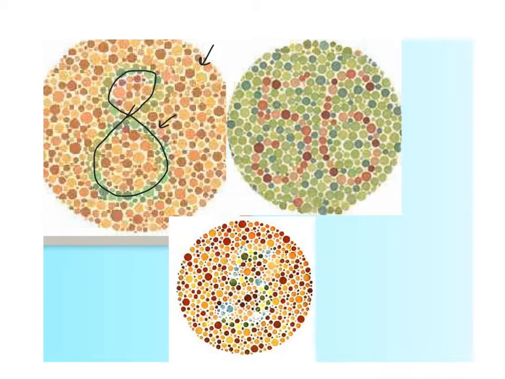Same with this one over here. They would not see the number 56. It would simply look like a colorful circle. They can't see it. And this one on the bottom is the hardest one to see, but there's a 5 in there. So that's how they tell if you're colorblind or not. They give you shapes like this, and they see if you can determine the number or the letter or whatever that's inside of it.